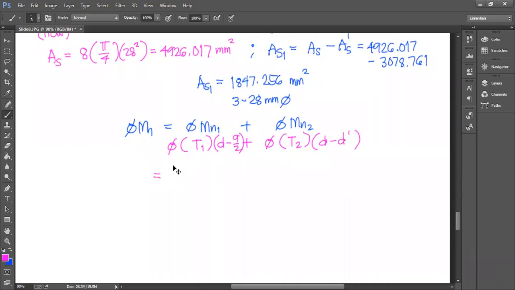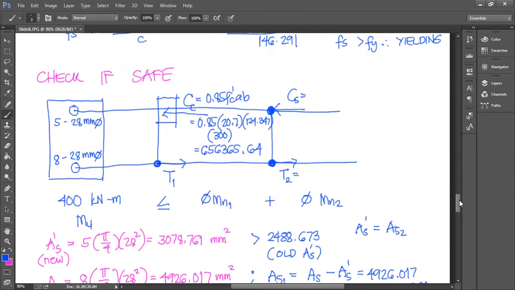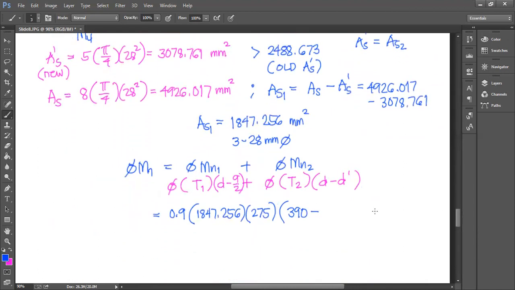So, equating, meron tayong 0.9 multiplied by T1. Yung T1 natin is 1847.256 multiplied by 275 multiplied by 390 minus a over 2. Ang value ng a natin kanina is 124.347. Plus yung due to T2.